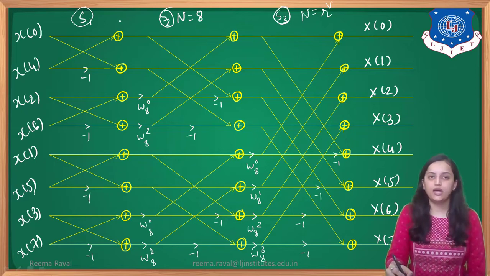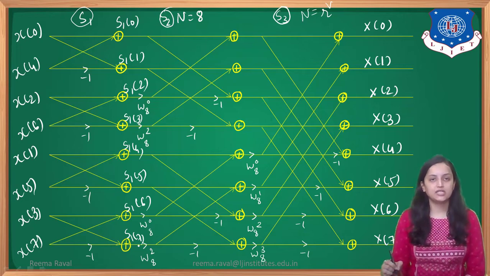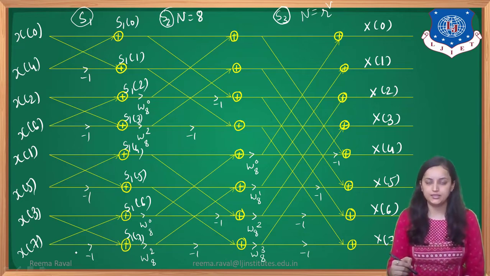Output of stage 1 we are going to denote as S1 of 0, then S1 of 1, then S1 of 2, S1 of 3, S1 of 4, S1 of 5, S1 of 6 and S1 of 7. So this indicates the output of stage 1, that will be in terms of x of 0, x of 4, likewise for the n point here.